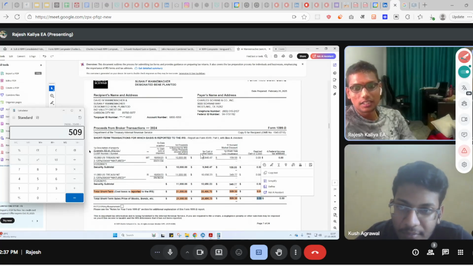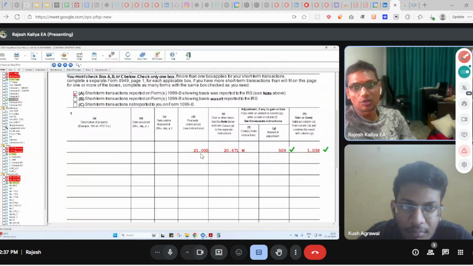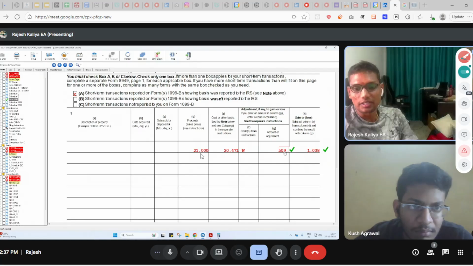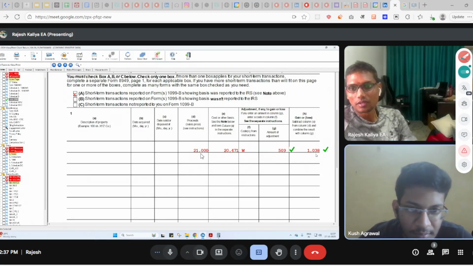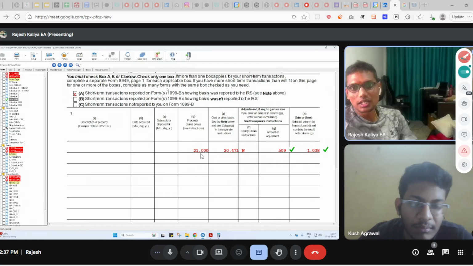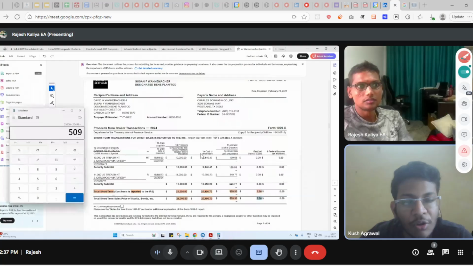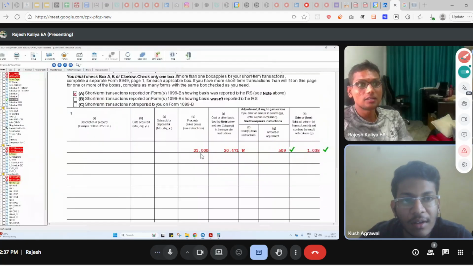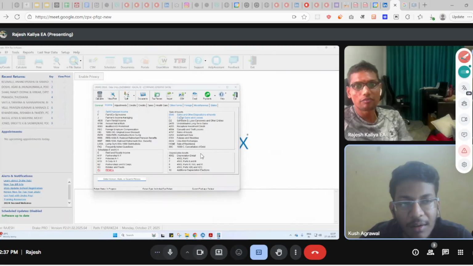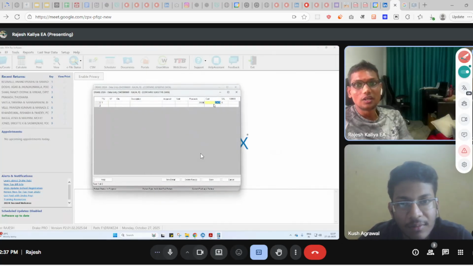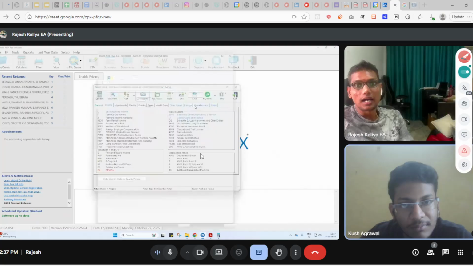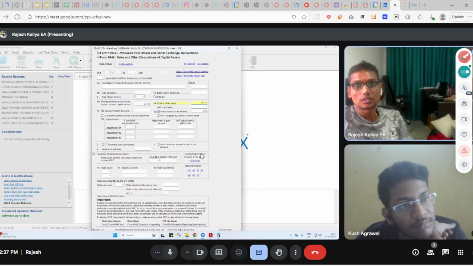So the loss will be disallowed, which means it adds to the profit. That 509 will be added to the profit. We'll add it to the profit, because whatever loss he got, the IRS doesn't allow that loss.